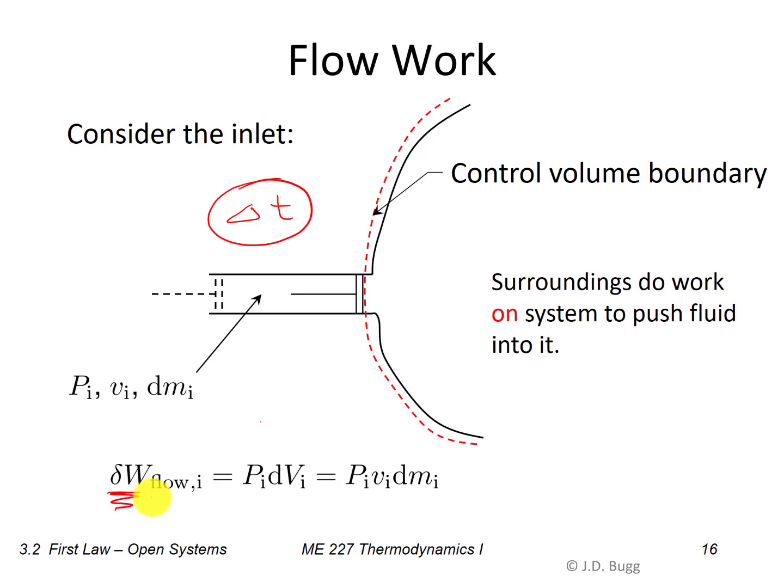We remind ourselves we're talking about flow work here in our notation, and we remind ourselves that we're talking about the inlet. So that's what the left-hand side means here, the amount of flow work done at the inlet during time delta t. Well, that's going to be equal to the pressure there times the change in volume. So for a constant pressure process, P times the change in V gives us that work.